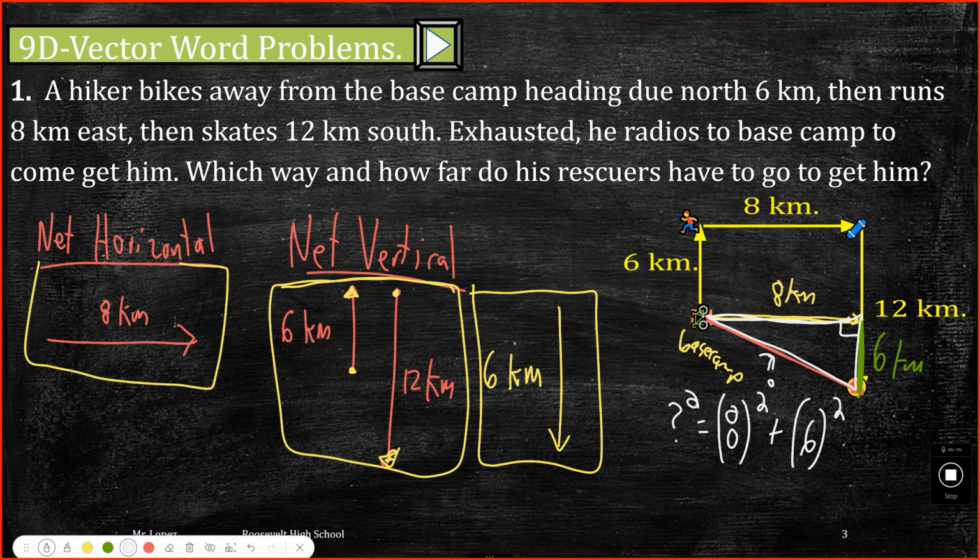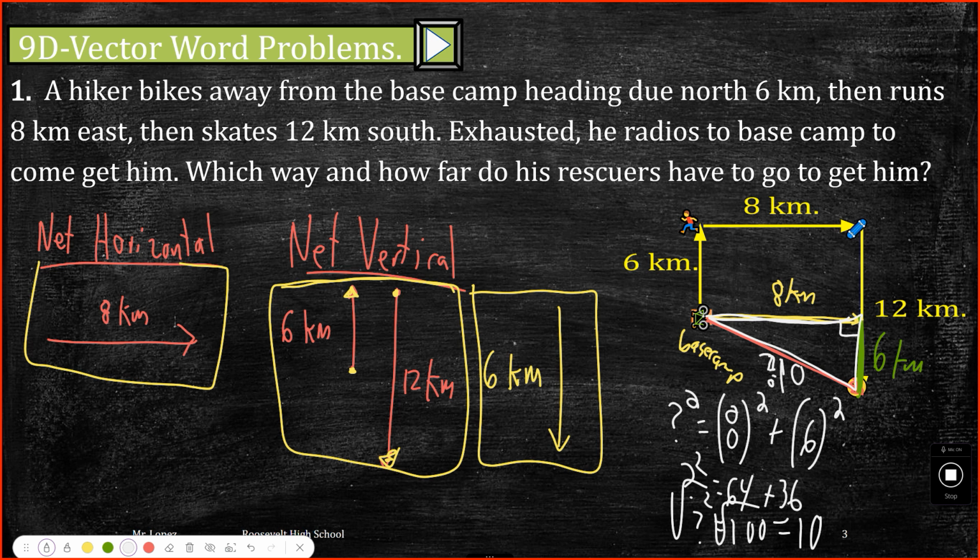And that's going to be 64 plus 36 is equal to this squared. What's 64 plus 36? 100. And so, what's the question mark? 10? 10? All right, so there it is, no?